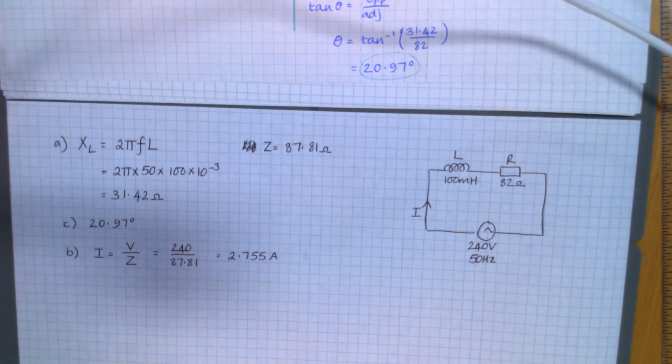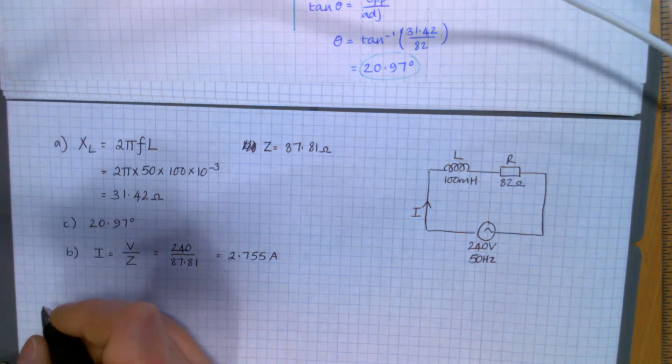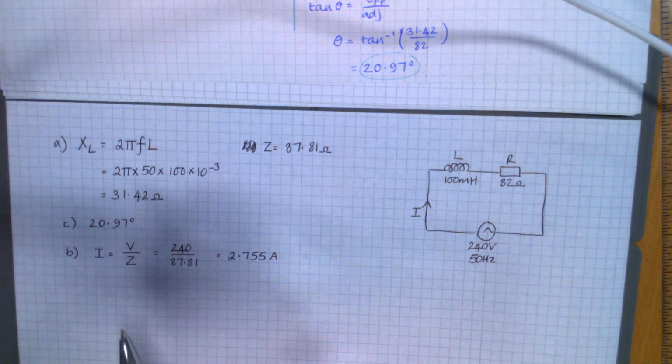And it's a current, so it's measured in amps. So that's us now done. We've got the circuit impedance, the circuit current, and the circuit phase angle.